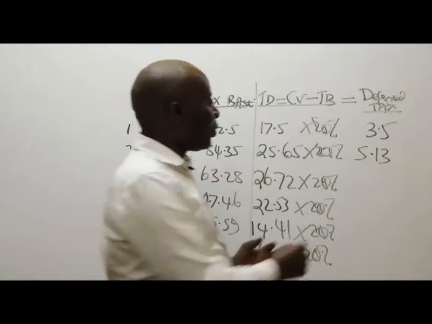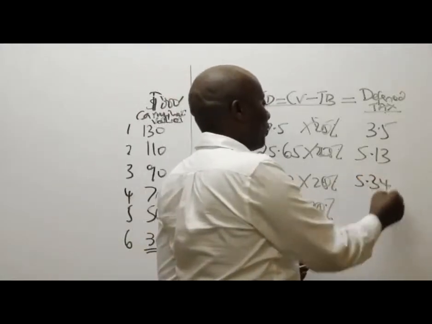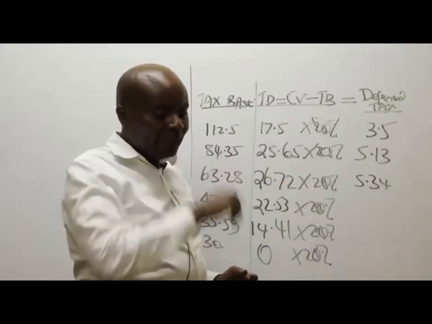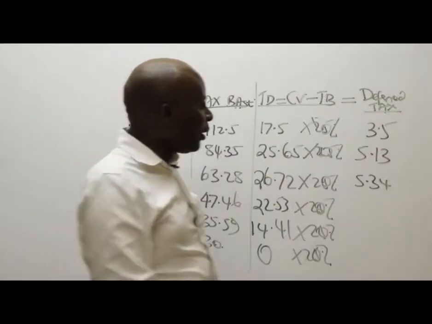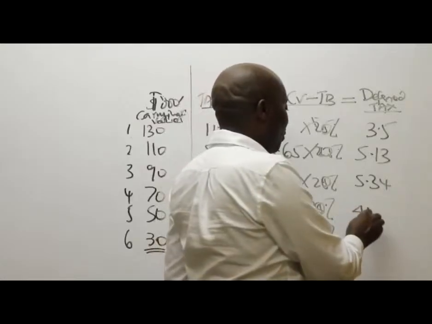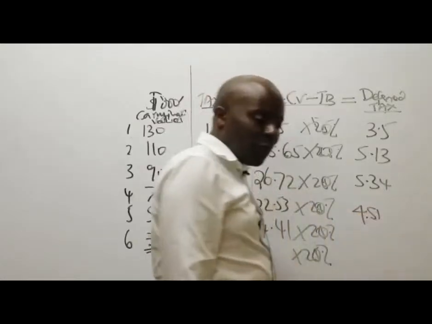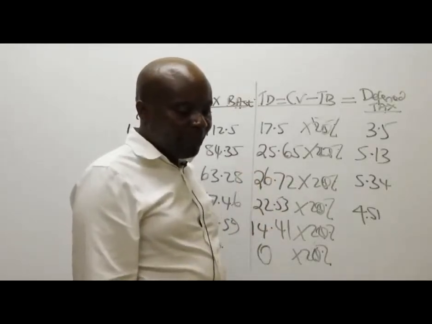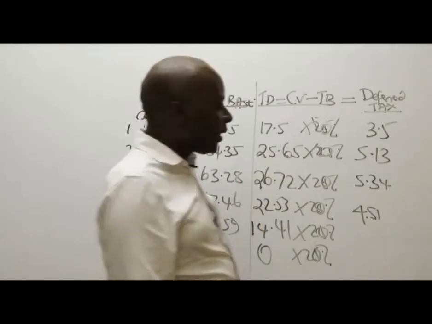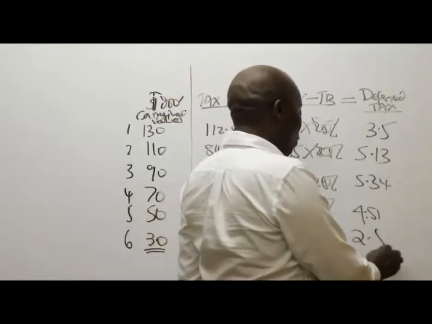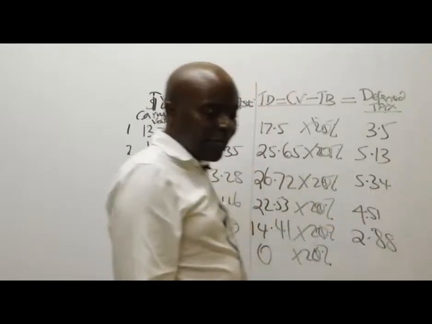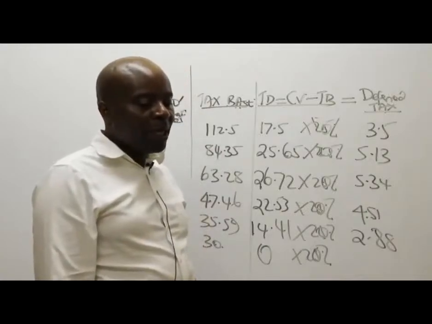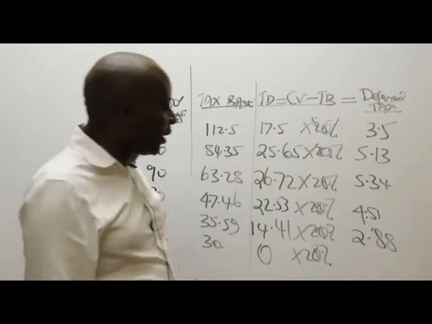The next one is 5.34. Thank you very much. The next one, how much does it come to? 4.51. Jabir, 2.88 or 2.9. Thank you so much. The last one comes to 0.